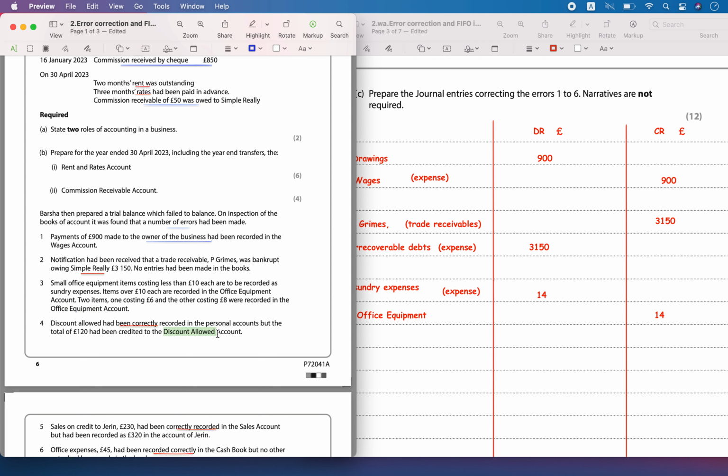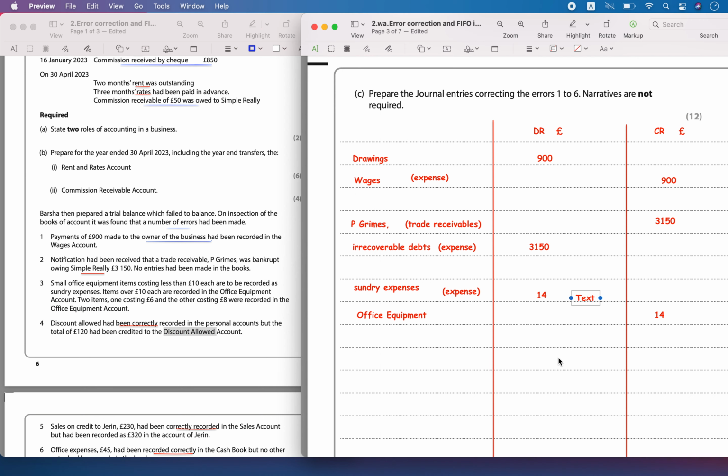Then discount allowed had been recorded in the personal accounts for the total of 120. It had been credited to the discount allowed account. Now one of the entries is correct, so the double entry is going to go into the suspense. Discount allowed 120 has to be removed because a wrong side entry had been done, a reversal entry.